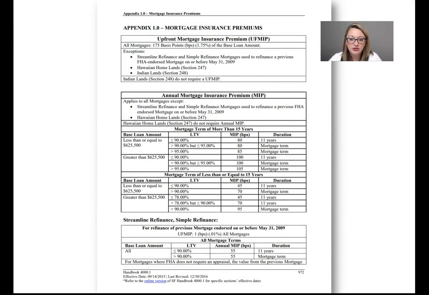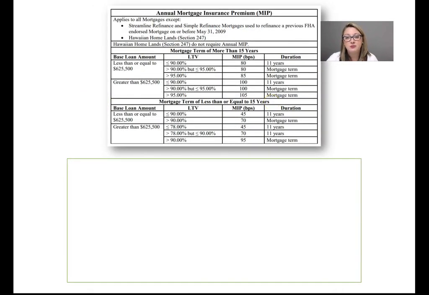Now, the annual mortgage insurance premiums are listed on the same document that I showed you in the previous video, but there's more information here, so let's take a look at this section. And we're going to do this by doing a purchase example. So we can see here at the top that the annual mortgage insurance premium applies to all mortgages except streamline refinance, simple refinance mortgages used to refinance FHA that are endorsed on or before May 31st, 2009.